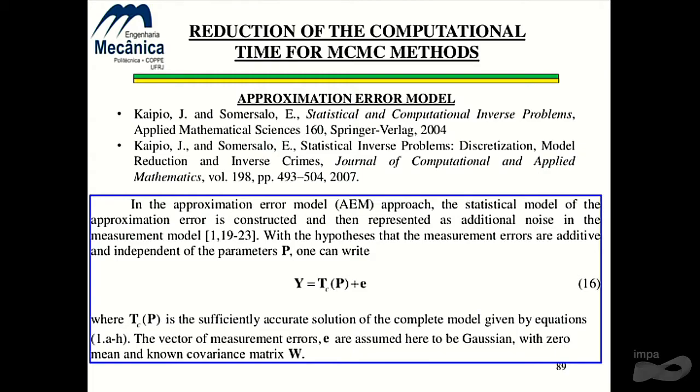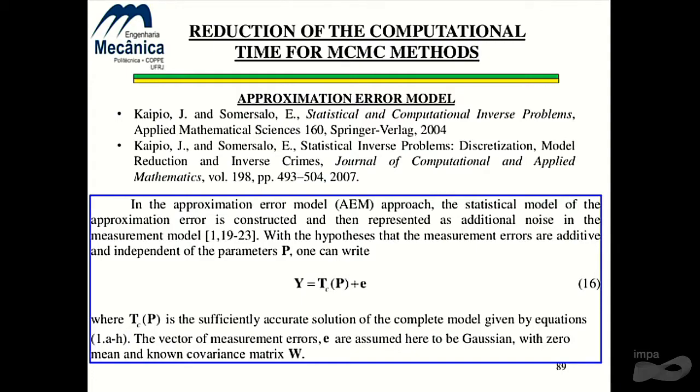So remember that our measurement model was based on the complete model for our physical problem, okay? On a very accurate mathematical model that supposedly perfectly represents the physics of our problem, okay? So this is our measurement model, okay?